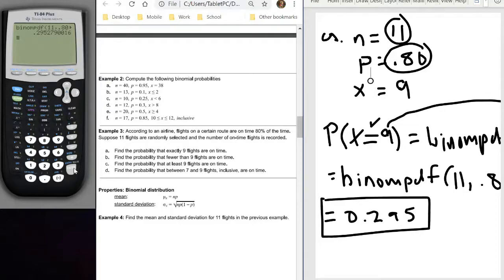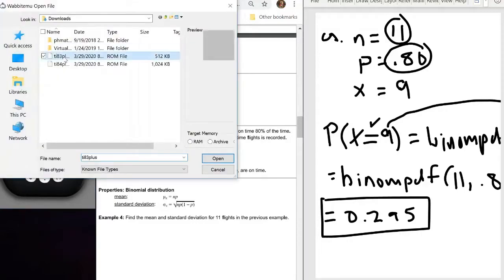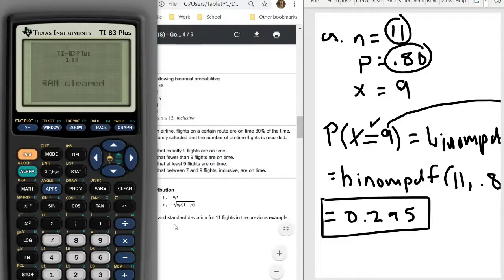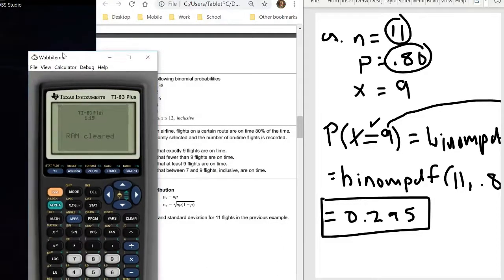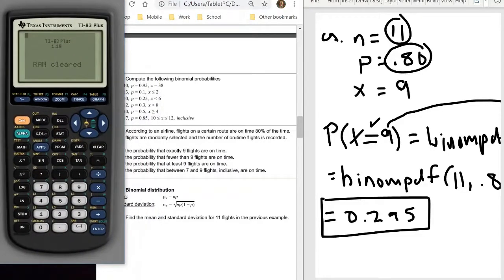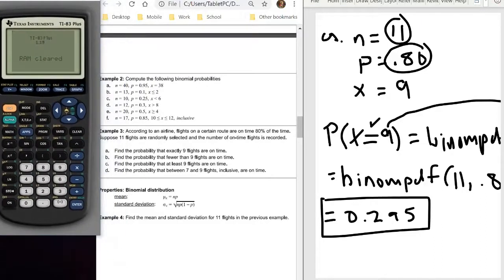Now, with the TI-83, I want to show you what the TI-83 looks like. You find the Binom PDF command in the same place.